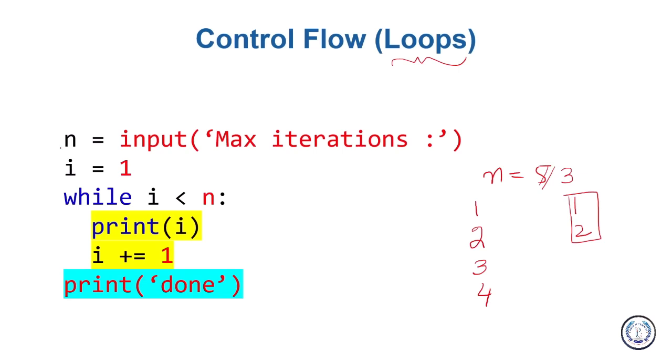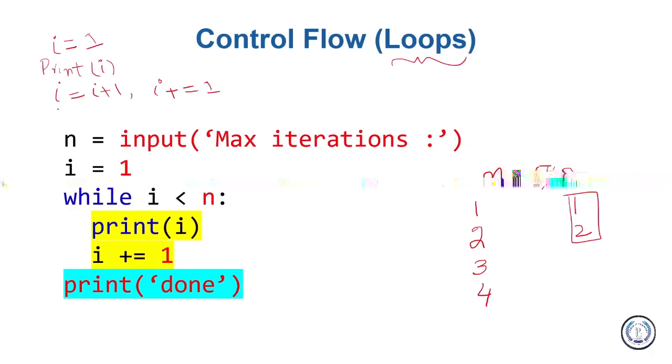This is easy. If the user enters an n, we could write this: initialize a variable I with 1, print I, and then I equals I plus 1, or in Python we can write this quickly as I plus equals 1.